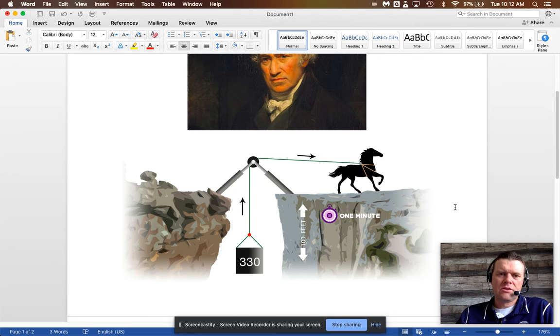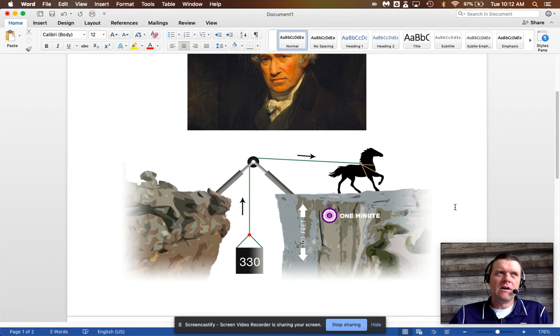Okay, so you can imagine a really deep mine shaft, and you fill it with coal, and then you use a horse and a pulley system like this to get it out of the mine shaft. Famously, these are rough numbers, I think, on what he actually measured. For 100 feet of distance, a horse could pull 330 pounds of coal vertically 100 feet in 1 minute, so 60 seconds.